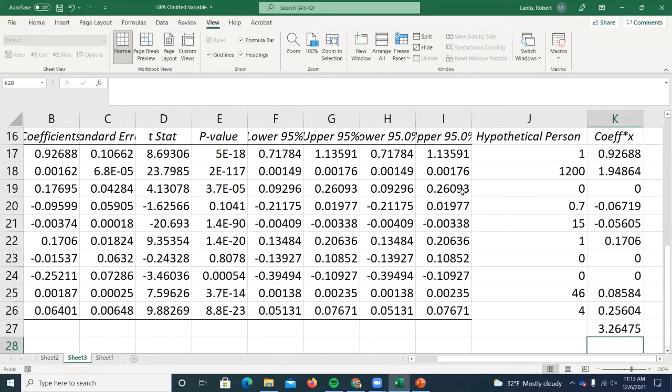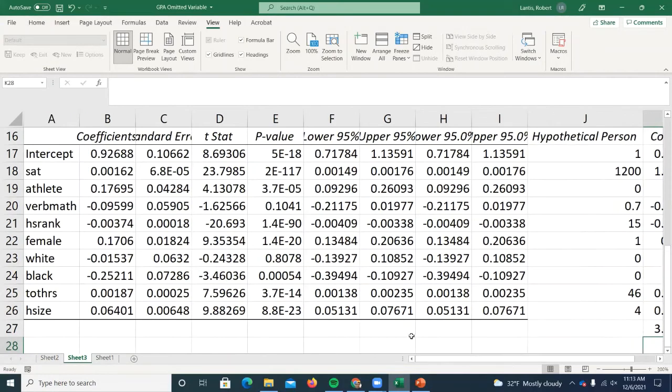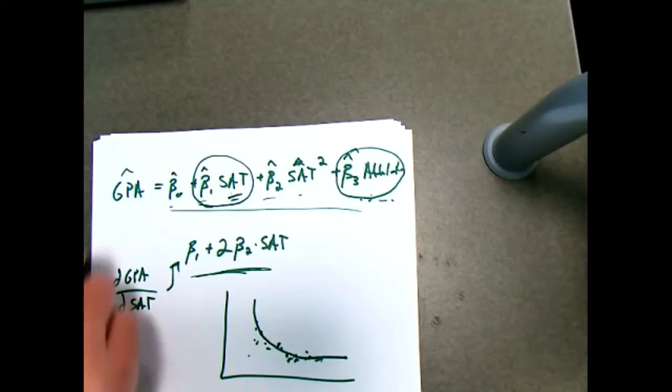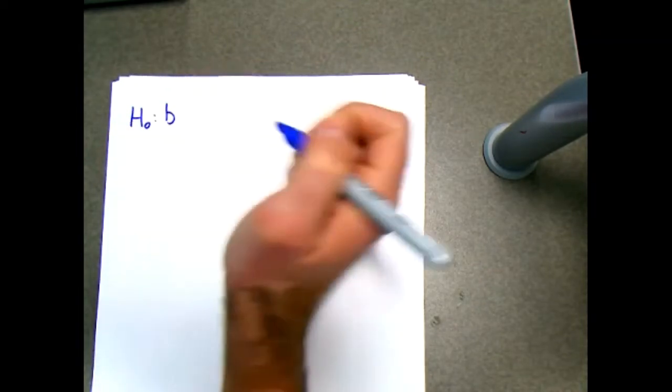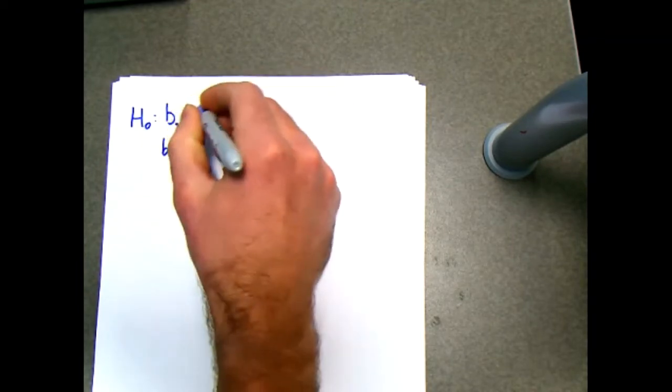Okay, so one thing I could be asked is, if I look through these variables, which of these have a significant relationship with GPA at the 10% significance level? When I look at these coefficients, I always start with the same null hypothesis for every coefficient: whatever that slope is, the slope on the third variable, the slope on the fifth variable, we assume the relationship doesn't exist.